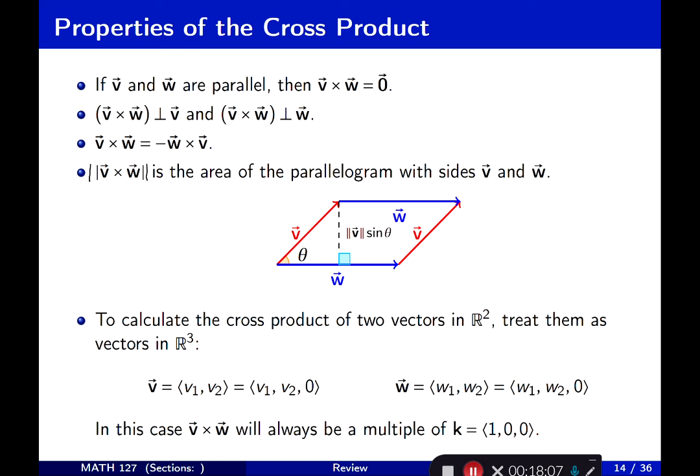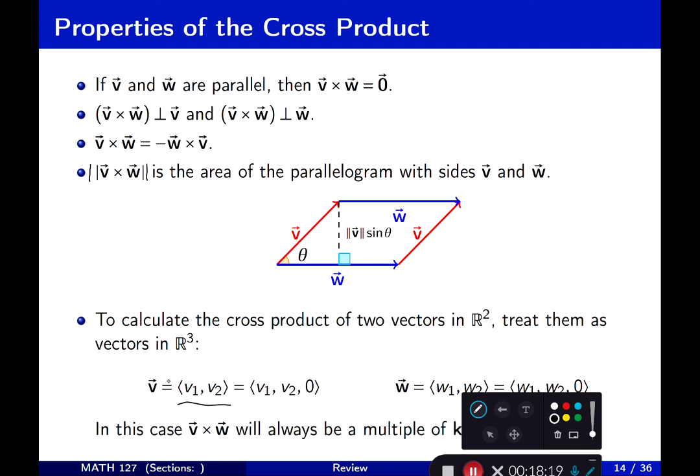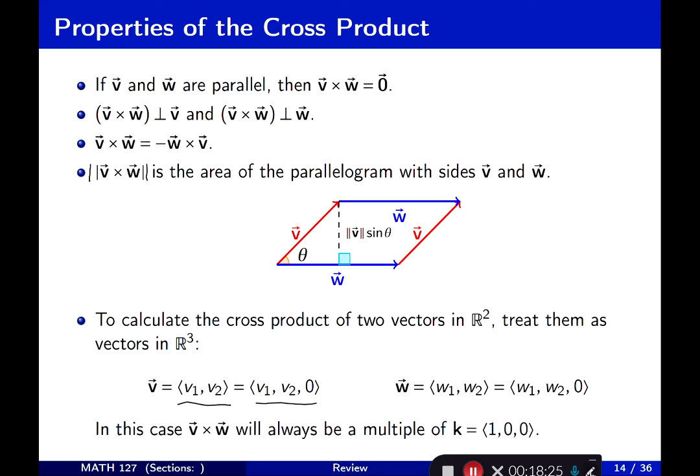If a vector is v1 and v2, we can imagine it as v1, v2, and 0, because the plane is a subset of R3, and the same way with w, which is w1 and w2 in R2.